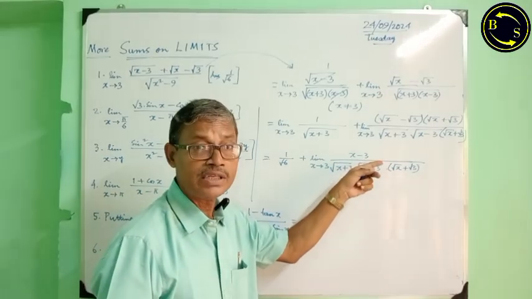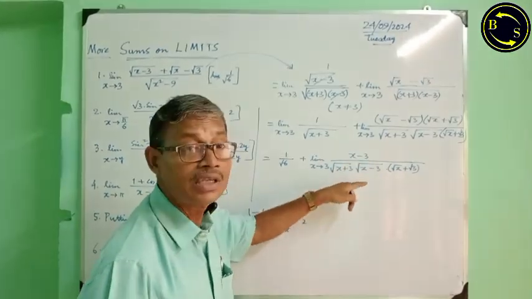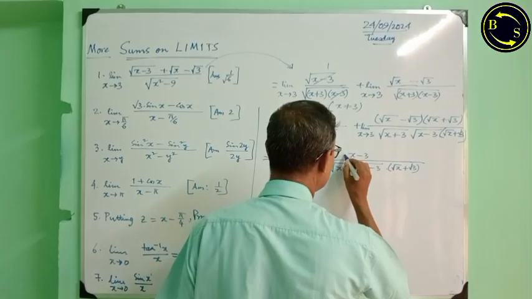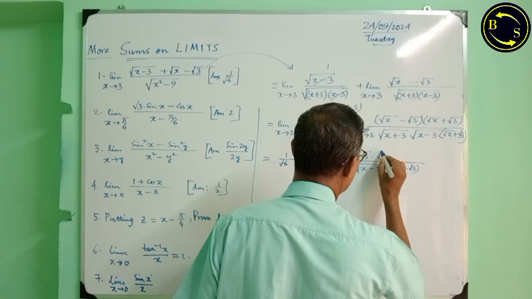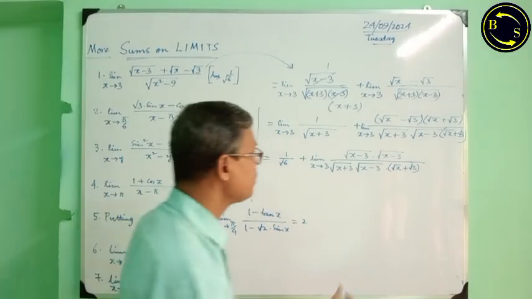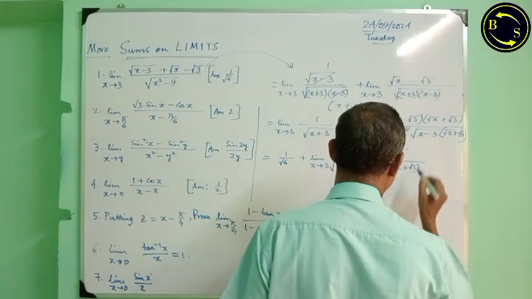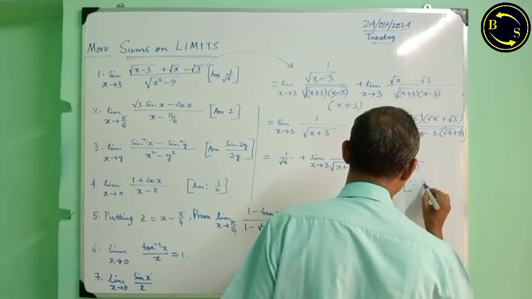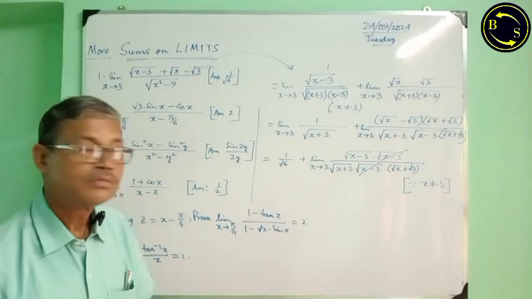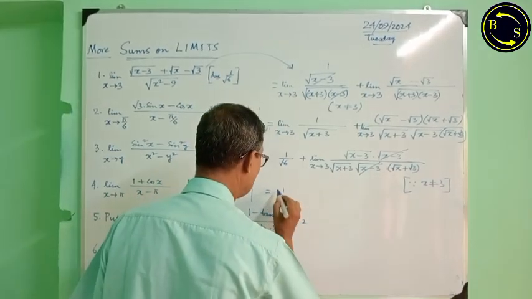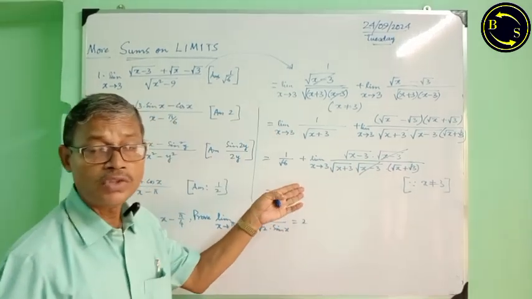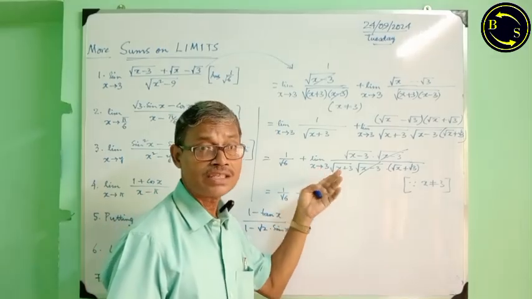Now, numerator is x minus 3. That can be written as root over x minus 3 into root over x minus 3. I write that, and since x is not equal to 3, now this one is 1 by root 6 plus, finally we have to put the value as x tends to 3.